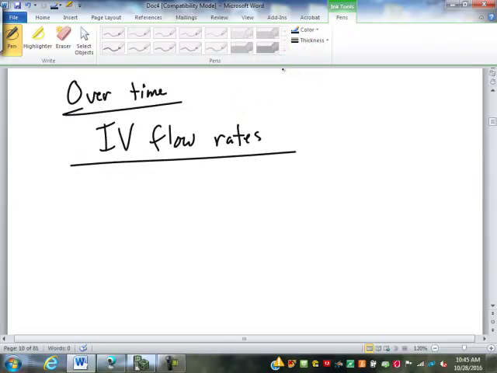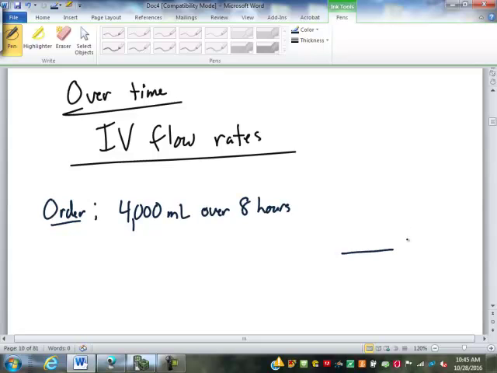IV flow rates can be expressed in one of a few different ways, and one of the first things we have to be able to do is to convert between those. So we're going to start out with just a simple order of 4,000 milliliters to be infused over 8 hours. What's our flow rate in milliliters per hour?